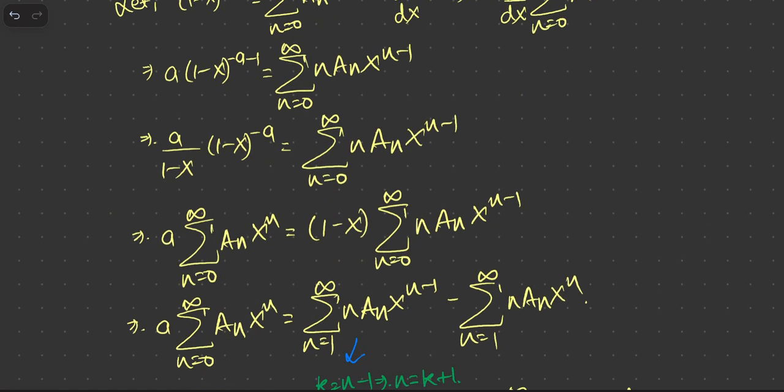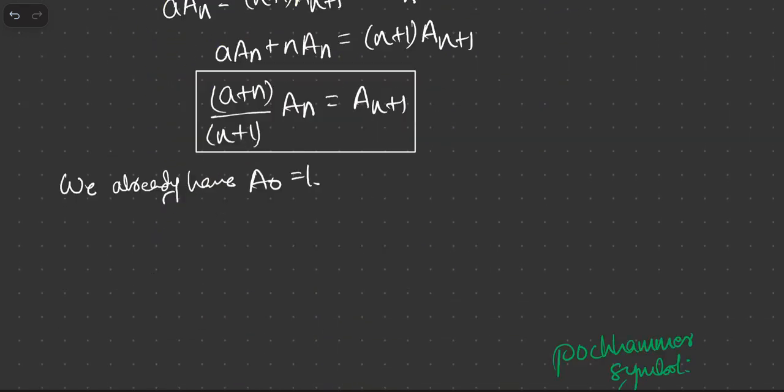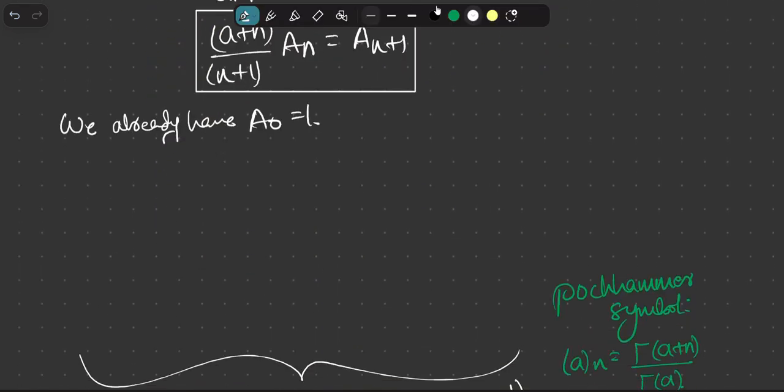Now let's talk about this. Let me write all the things down for you. We have a naught equals 1. When n is 0, it's going to be a plus 0 over 1, and a naught equals a1.